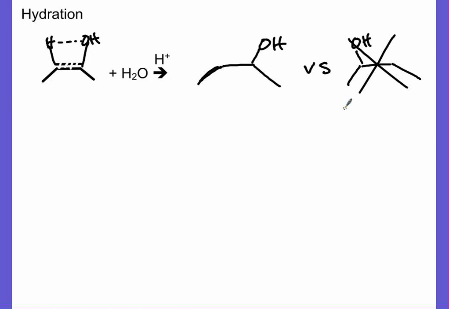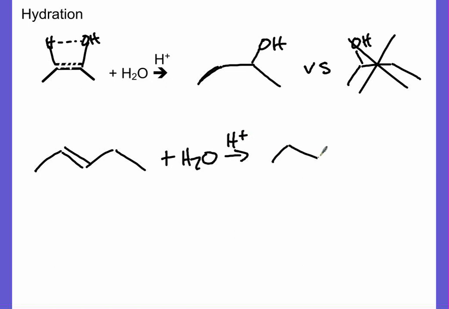But if I have an asymmetrical alkene from the get-go, then I should end up with two different products, because adding to one side or the other does make a difference.